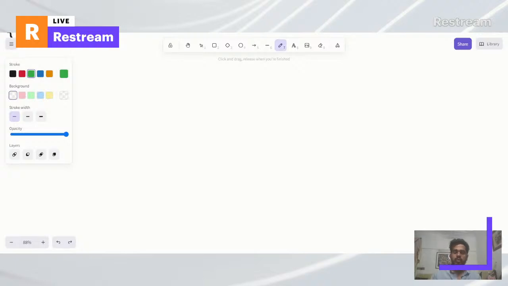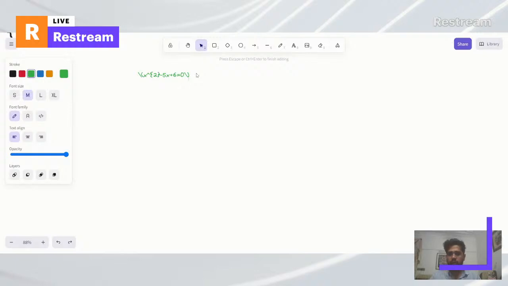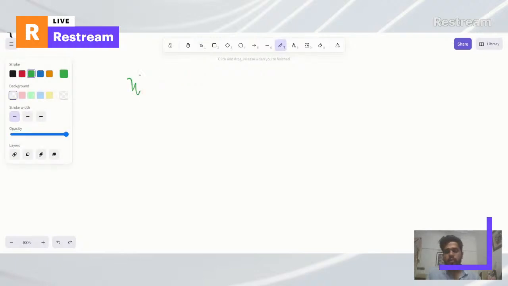Our next equation is x square minus 5x plus 6.